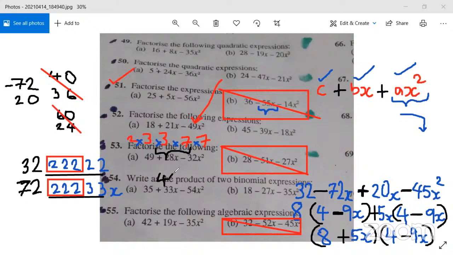So if you have 42 minus 21, then you end up getting 21. So it's a combination of 3 by 7. That gives us this minus 21 here. So this 3 by 7 gives us this. This 7 by 3 by 2 gives us this.